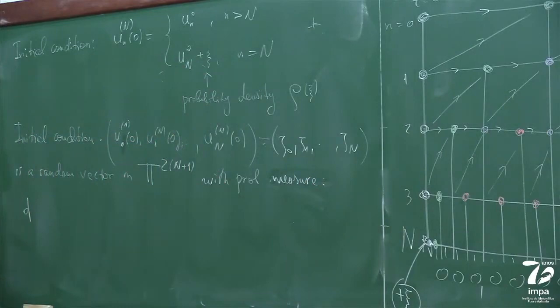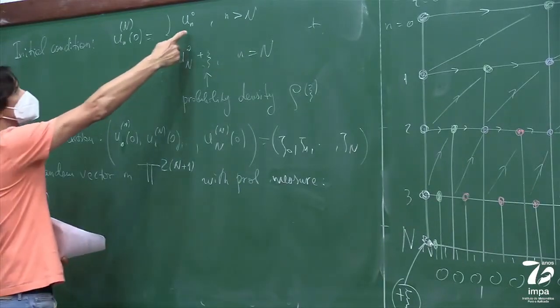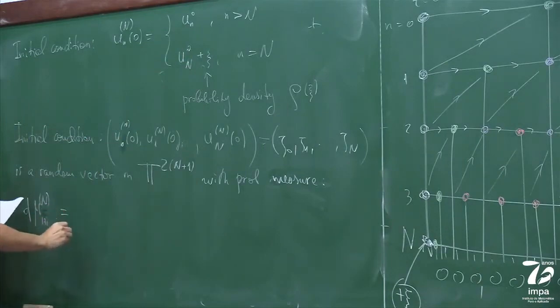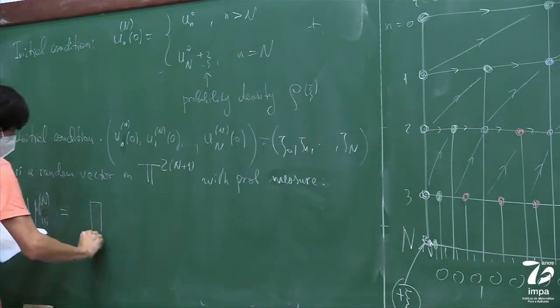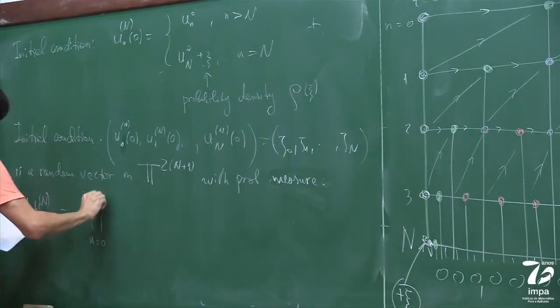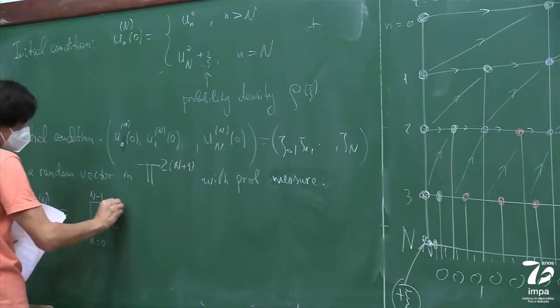The initial probability measure, mu_ini, for the N regularized problem. So what it is for the first N variables is deterministic, so it's just delta functions.